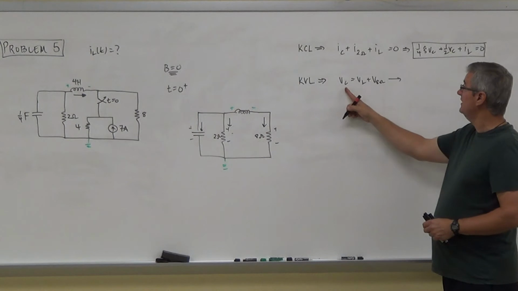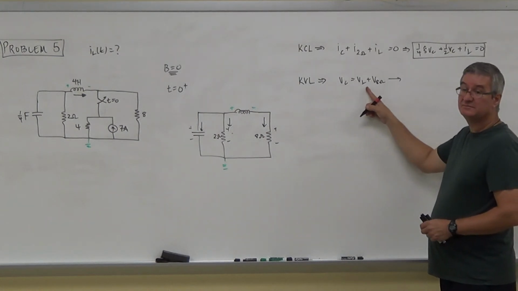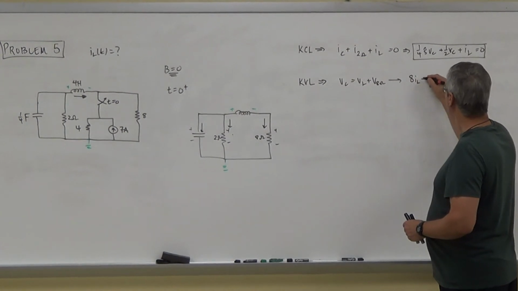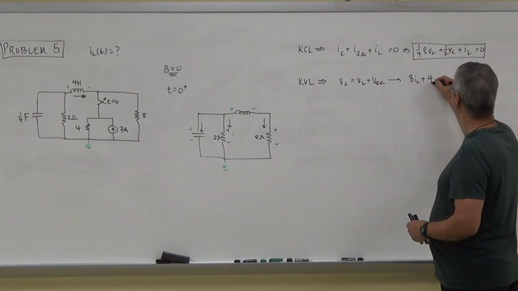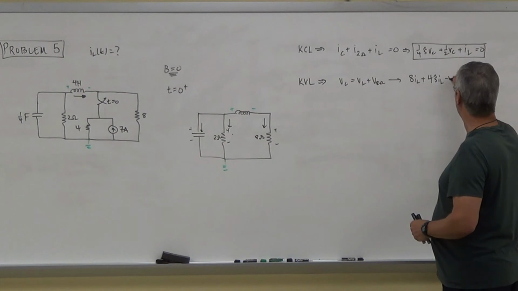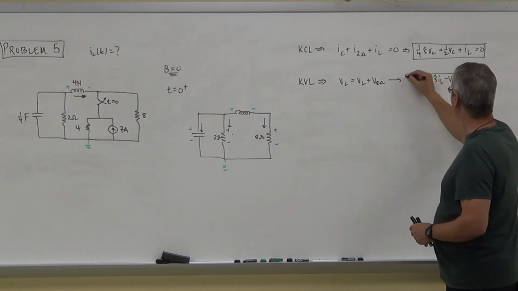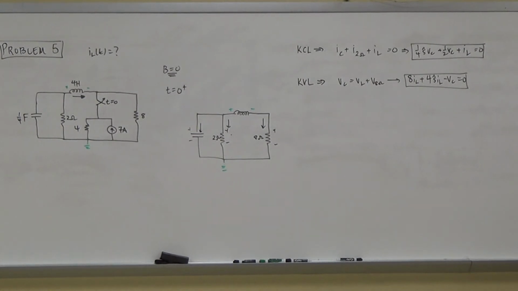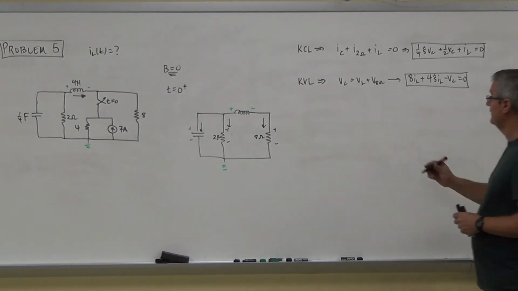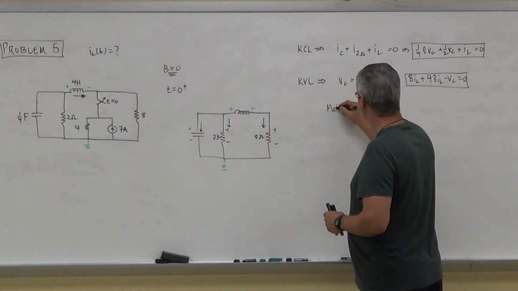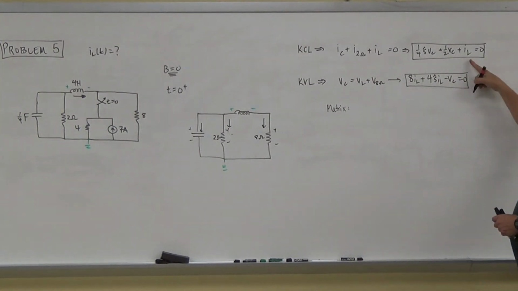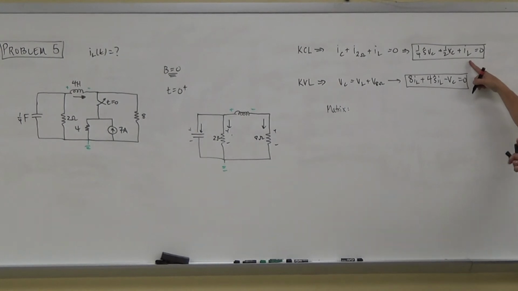So let's clean this up. See that VC? I'm going to bring it to the other side. So I'm going to get what? 8IL plus 4S hat IL minus VC equals 0. Okay, so now I'm going to matrix this guy out. If I set up my matrix here, I'm going to make IL my first variable.